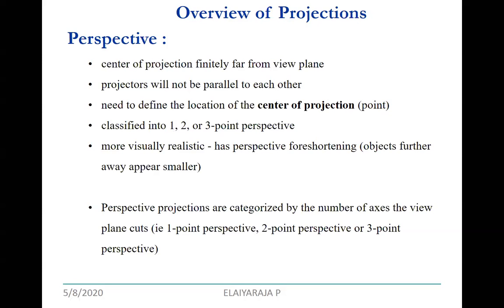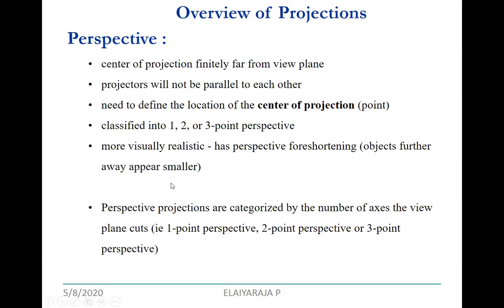sky view. Compared to parallel projection, perspective projection looks realistic. Whatever you view through the perspective projection has foreshortening, which means objects further away appear smaller as they move towards the vanishing point.